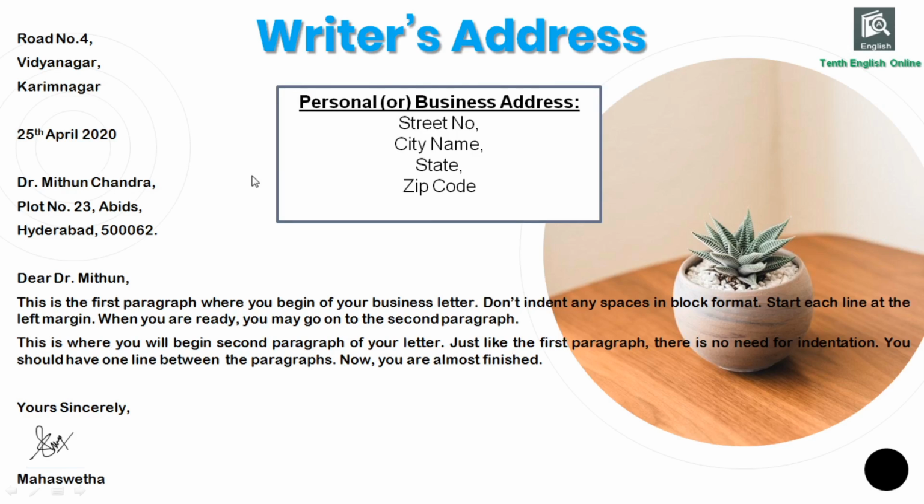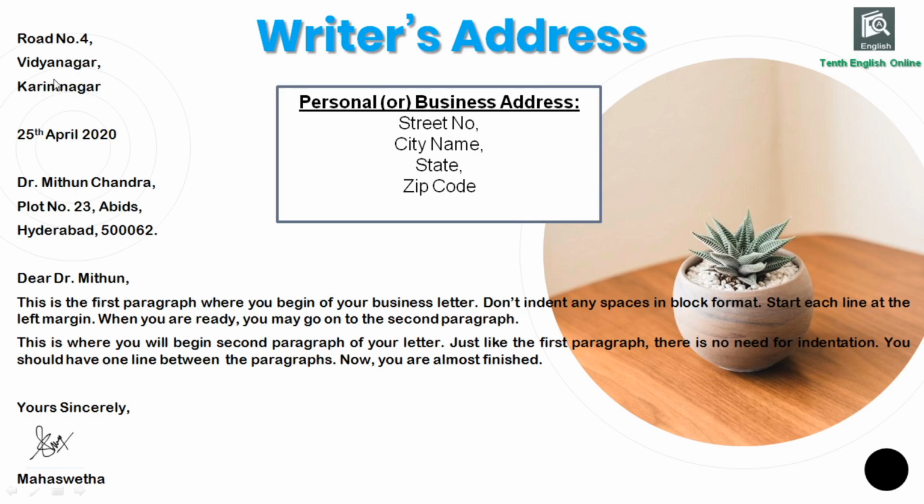And see the writer's address. In this part, first of all we have to write our address, who is writing: the street name and his city name. If you have any plot number you can mention that, the state name, zip code, etc. Okay, and this is called a writer's address. Next one is date.